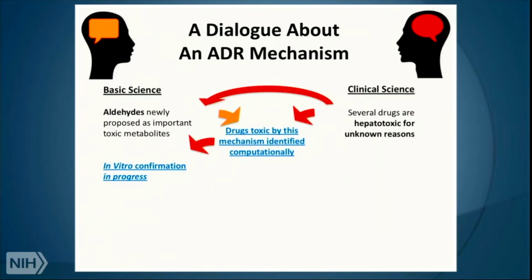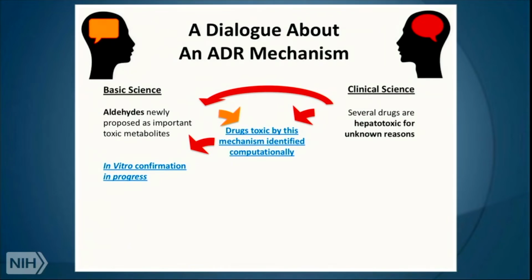First of all, aldehydes have been recently proposed as an important toxic metabolite. What I just showed you is actually controversial in the field because the way we experimentally look for reactive metabolites isn't good at picking up aldehydes. And so it's been recently proposed that they're an important toxic metabolite that's missed.